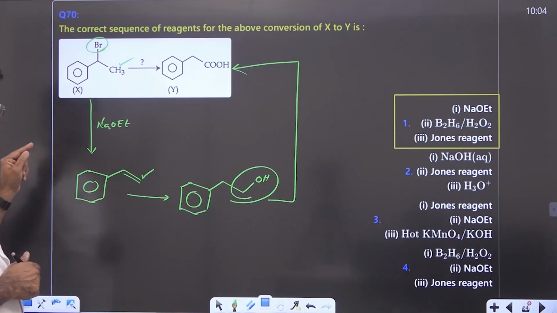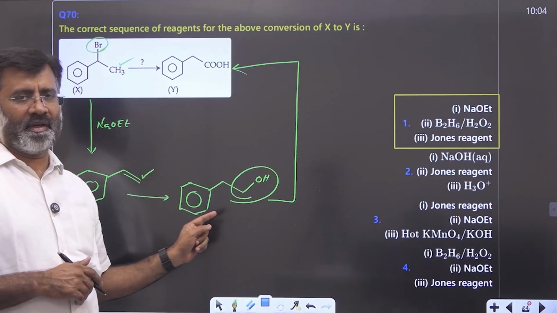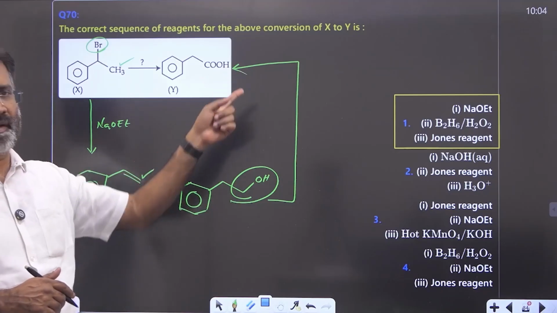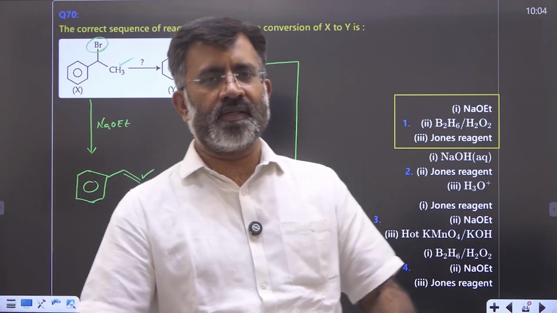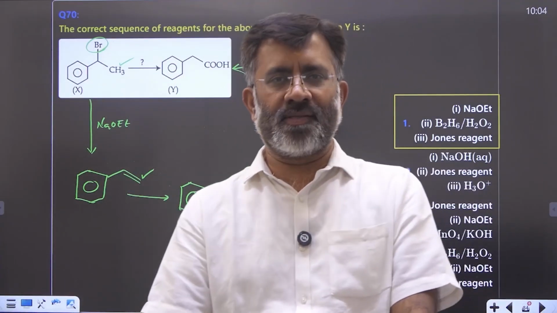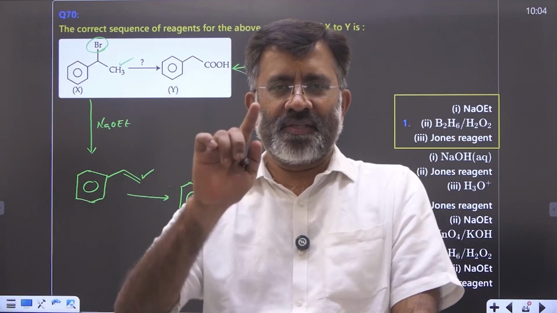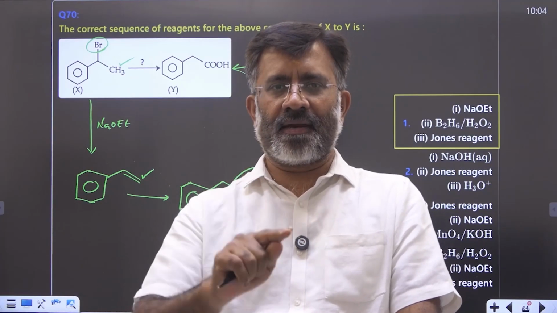Then it is hydroboration oxidation. You get OH at the terminal carbon, and then Jones reagent. Jones reagent is oxidizing alcohol to carboxylic acid, right? And hence X is converted to Y. First choice itself is the correct answer.